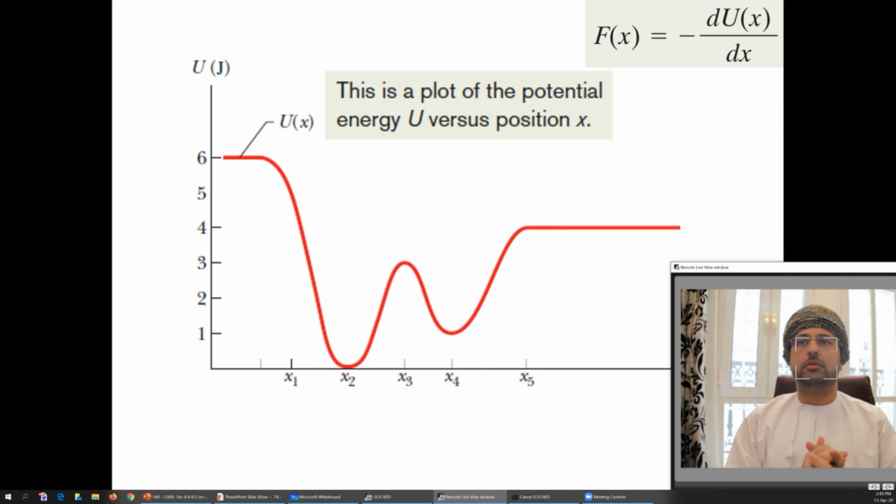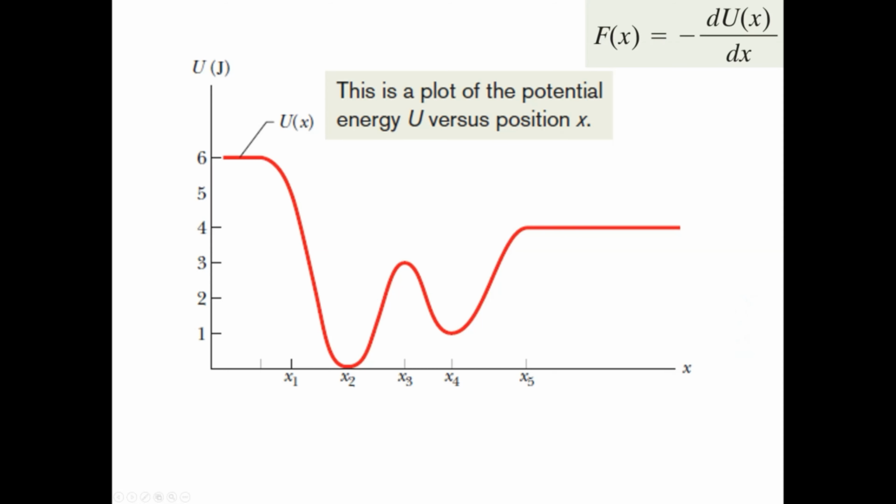This is a plot of the potential energy, which means we can get the force directly out of it by simply looking at the slope, or mathematically by differentiating. What happens here? Take a look.